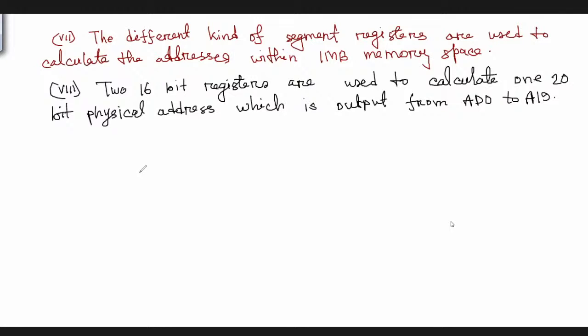Now, we told you that there are 2 types of address: physical address and logical address. The part which converts the address from the logical format to the physical format is called the address compute engine.